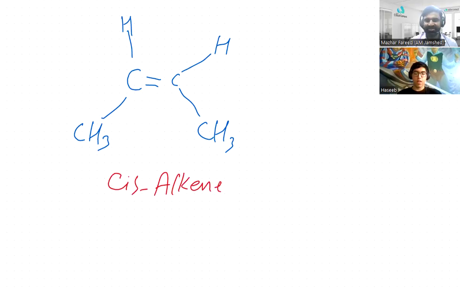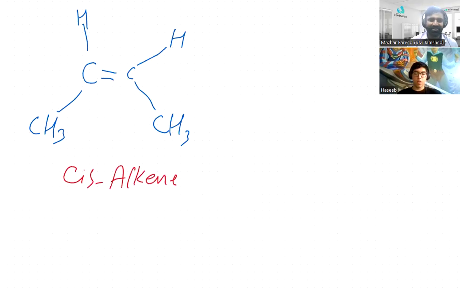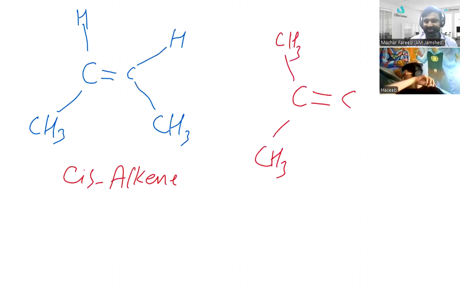So you can draw its isomers due to difference of position. You have to write the same, but you have to change the position. You replace hydrogen with CH3 and CH3 at the hydrogen place.